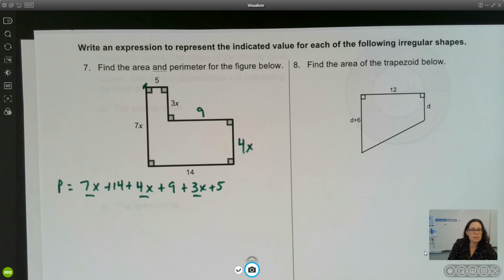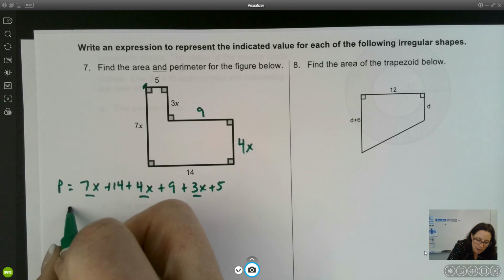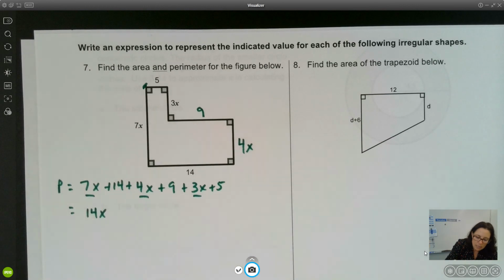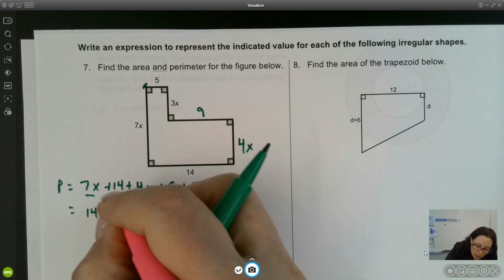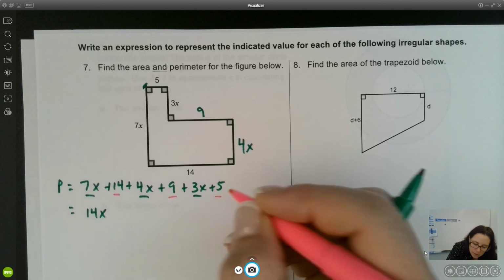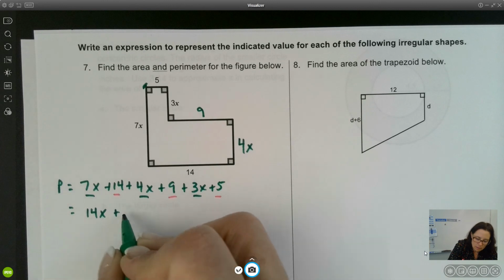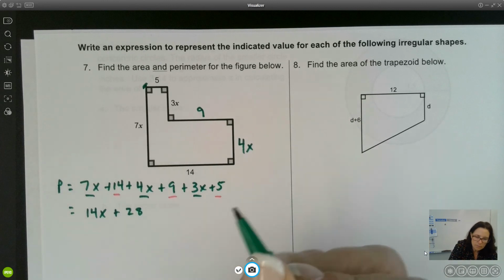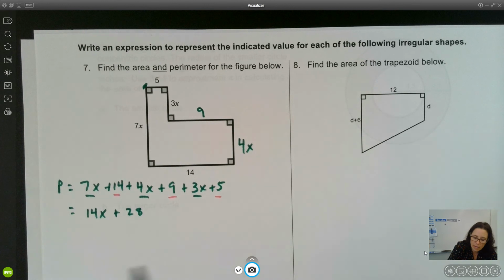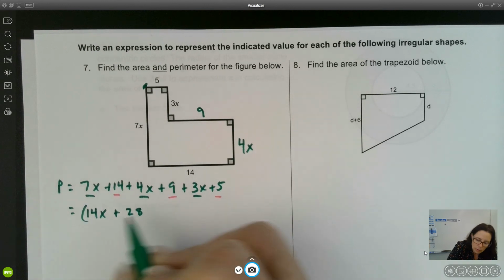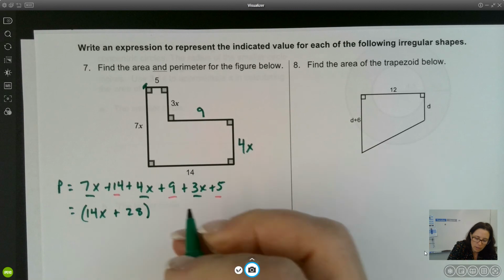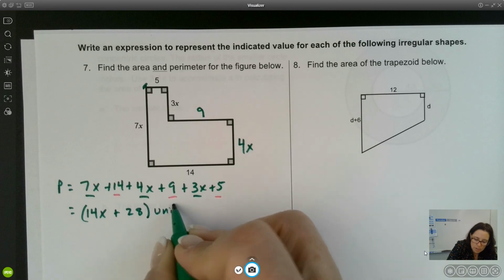Those can be added. So that gets me 14x. And then let me underline the constant terms here. It's going to be 28. Okay, so we've got the perimeter is going to be this whole thing, units of some sort.